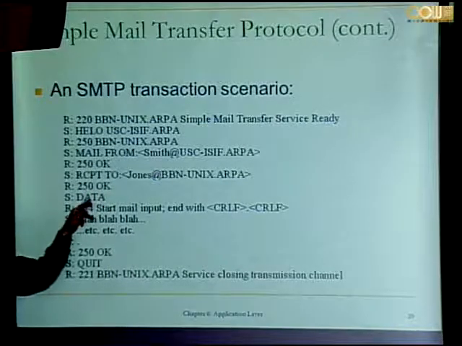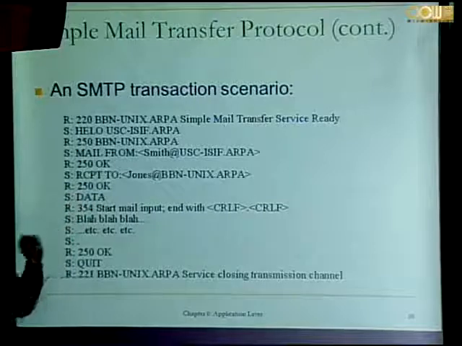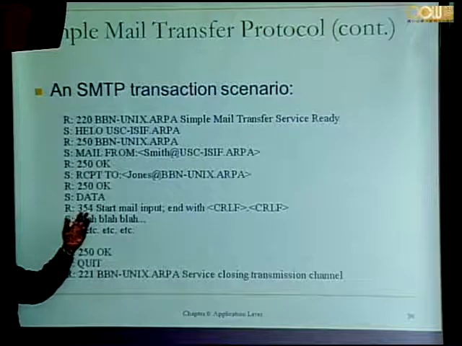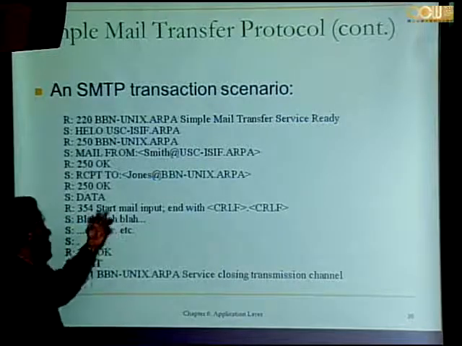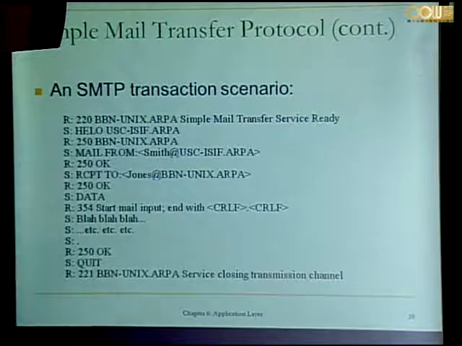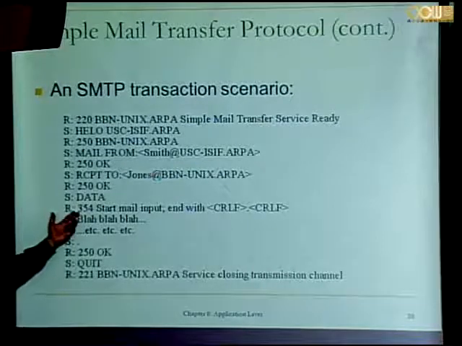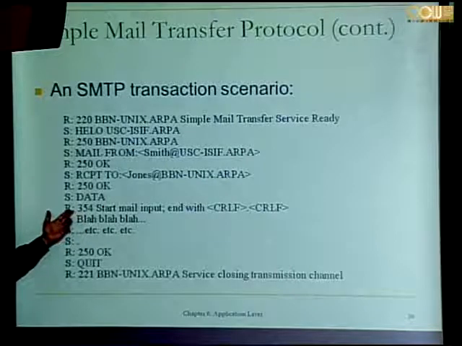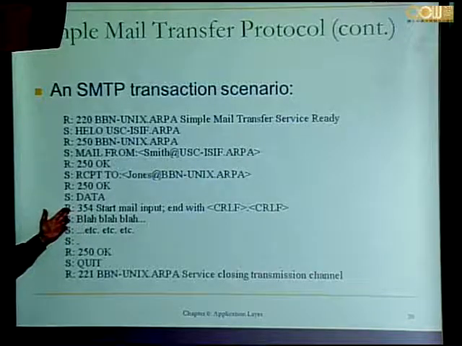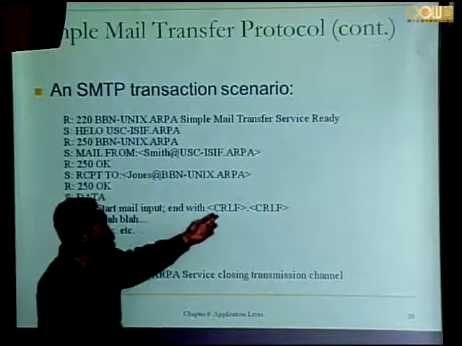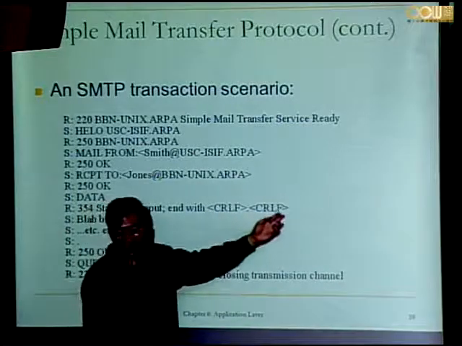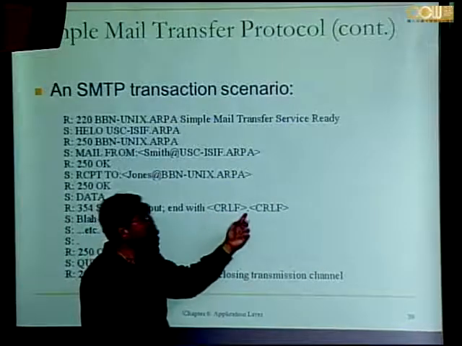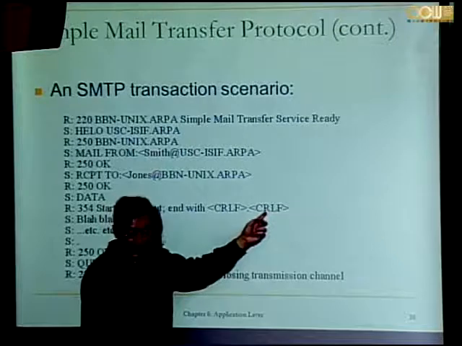And then the sender issues the DATA command, and the receiver responds with 354. So it's not an error, but it's a flow control. And it tells the sender how it could end a message, with a carriage return, line feed, dot, carriage return, line feed.